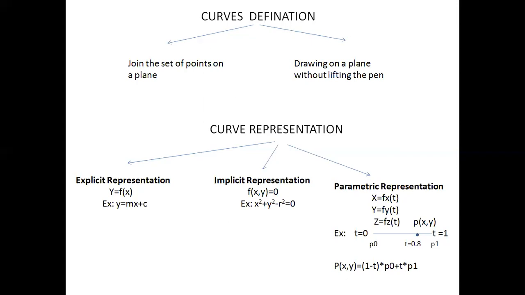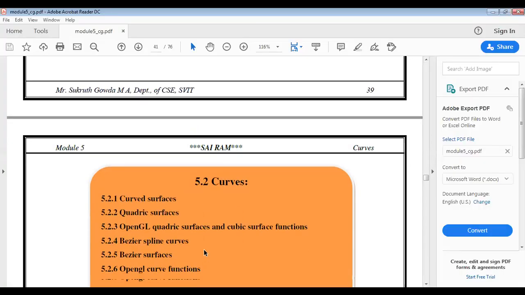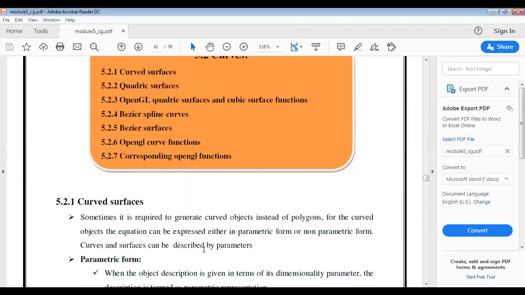Now the first type of curves we will be seeing are quadric surfaces. What do you mean by quadric surfaces? Quadric surfaces are curved surfaces.